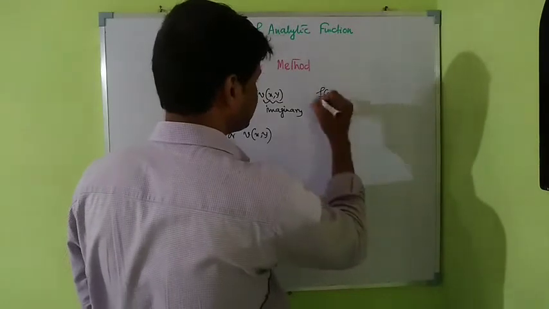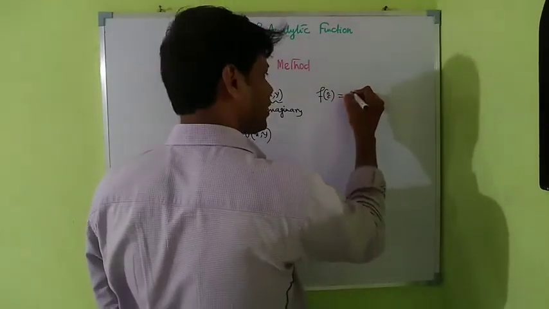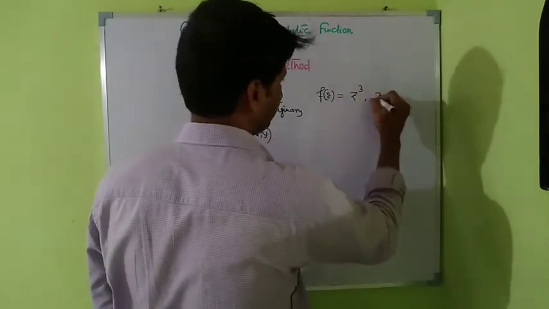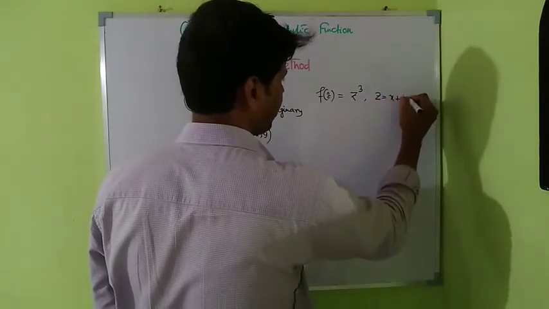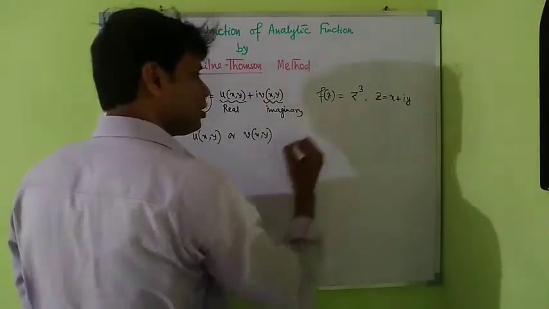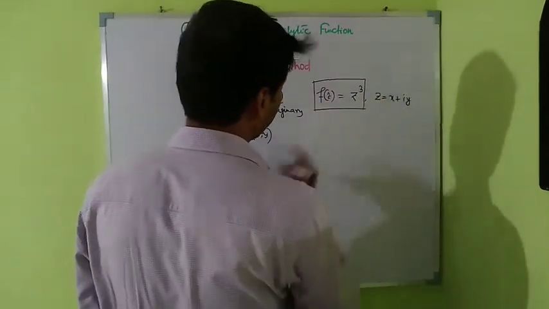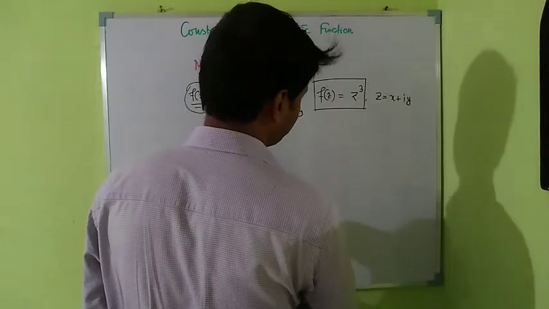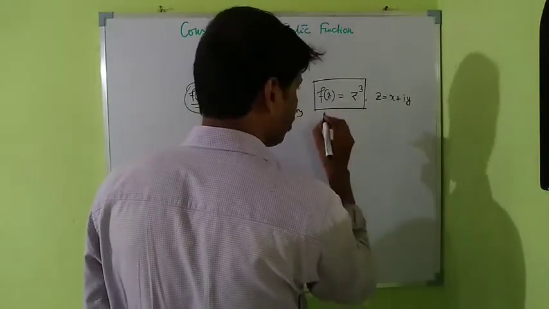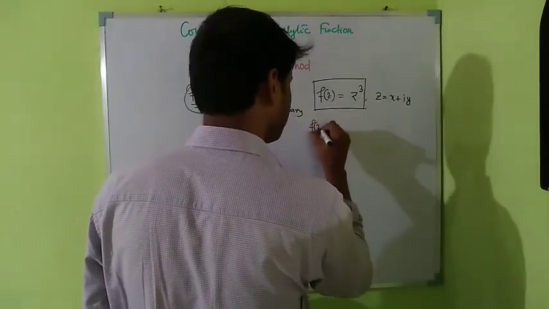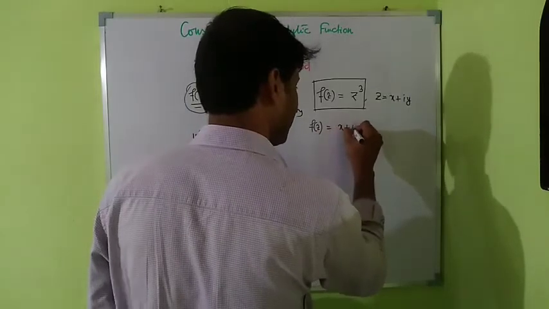More precisely, f(z) is something like z cubed, where z = x + iy. We don't know that f(z) is z cubed. We only know, suppose f(z) = (x + iy) whole cube.